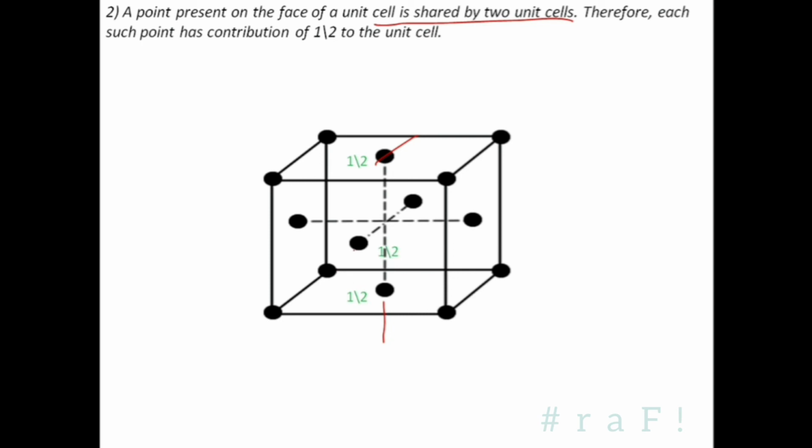And this one, the front atom: half of the atom is present in this unit cell and the remaining half is shared with its surrounding. This one also, back side, left side and right side. All these 6 face-centered atoms are shared with their surrounding neighbors. So its contribution to each unit cell is 1 by 2.